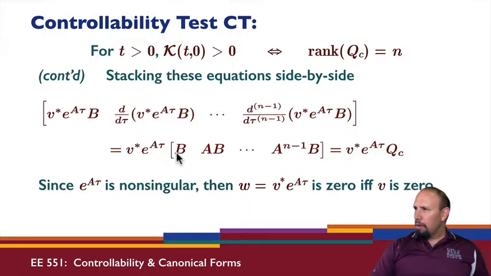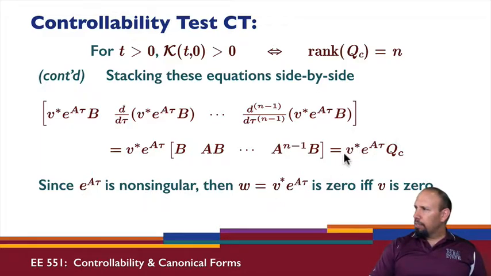And when I do, voila, what pops out but the controllability matrix? Boom. All right, so I have this quantity times the controllability matrix. So now I'm in a position to talk about the relationship between the controllability Gramian and the controllability matrix.